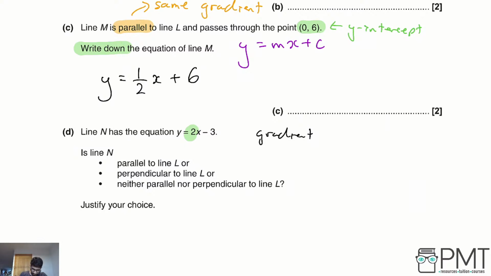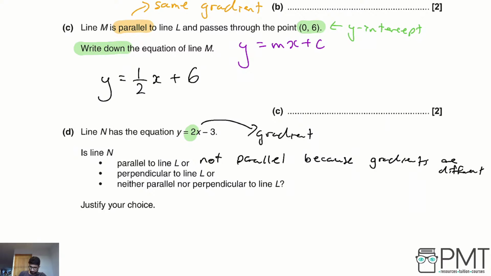So 2 is the gradient. Then they're not parallel because the gradients are different. So what do we need for them to be perpendicular? For two lines to be perpendicular, this is another important point to remember.